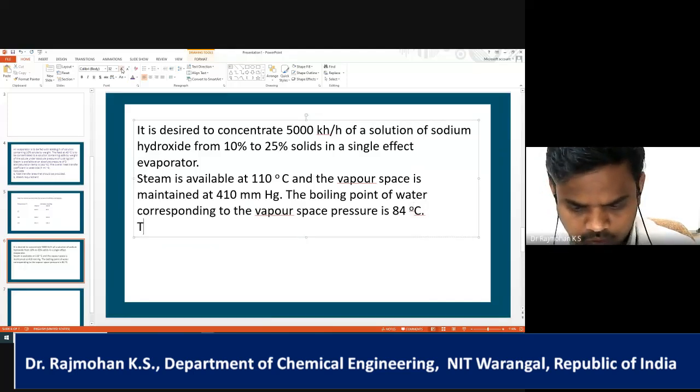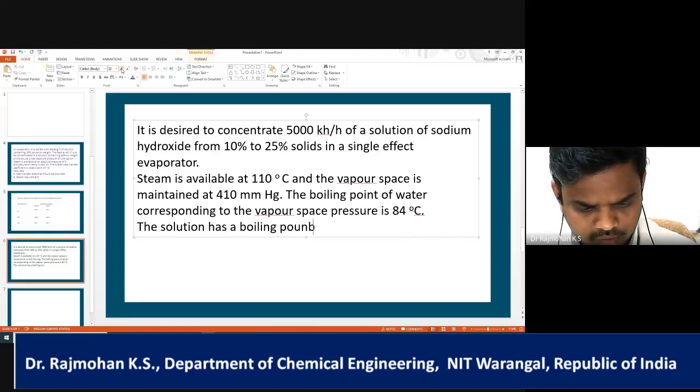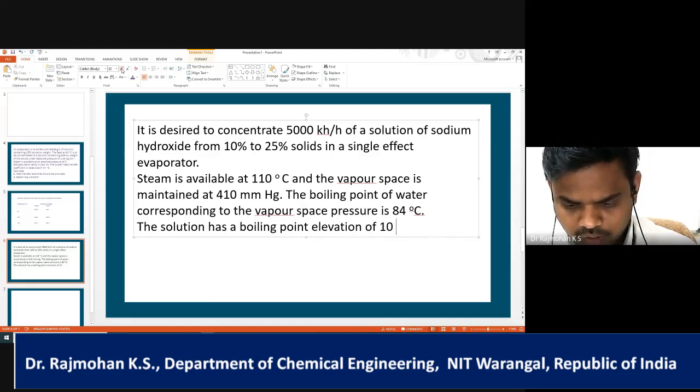Okay, the solution has a boiling point elevation of 10 degree Celsius.